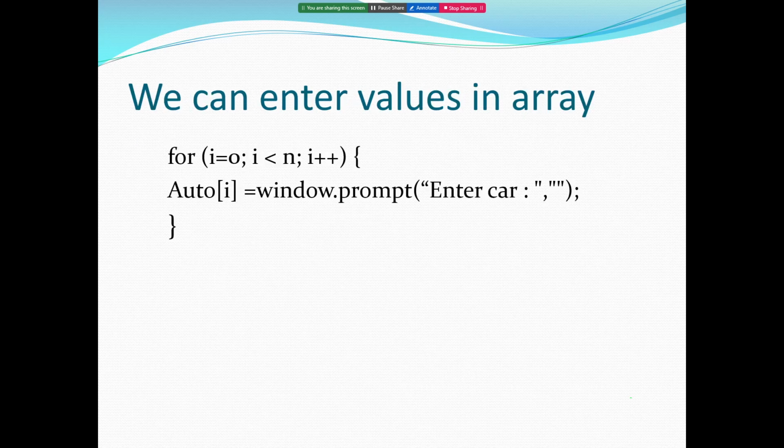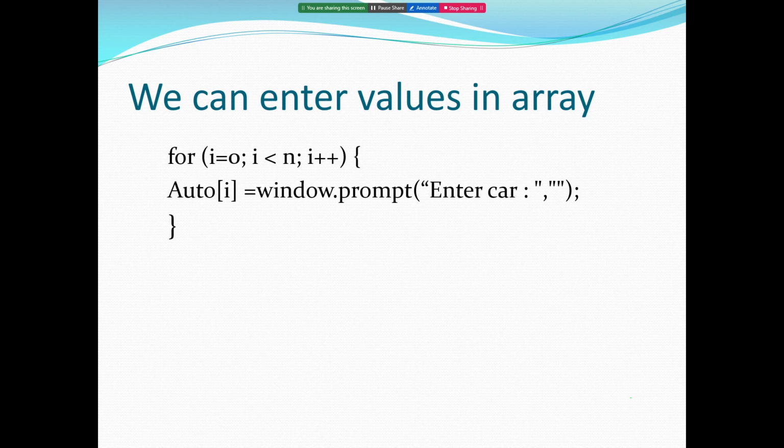So we can do a prompt looping through to get the user to provide the value with this little routine. So if i is 0 and i is less than n, then we will add i to i.